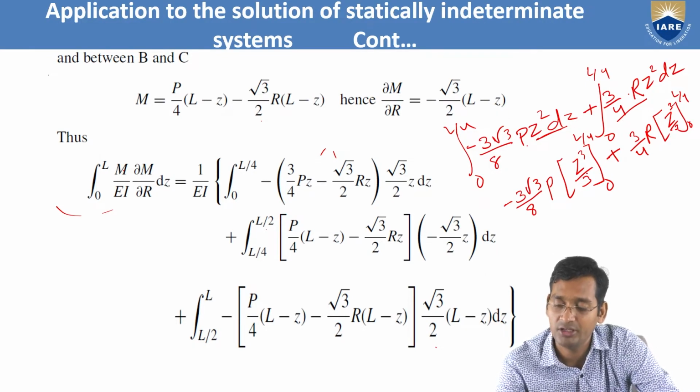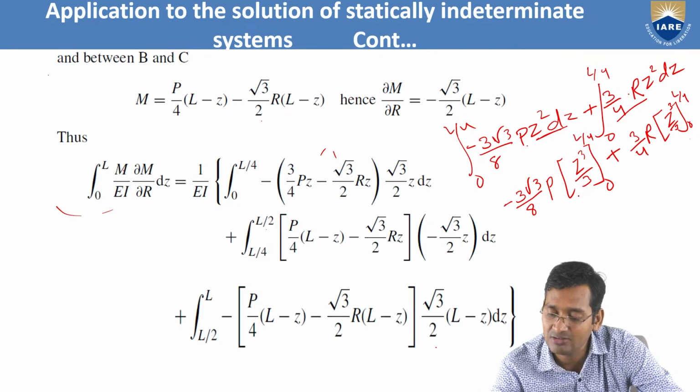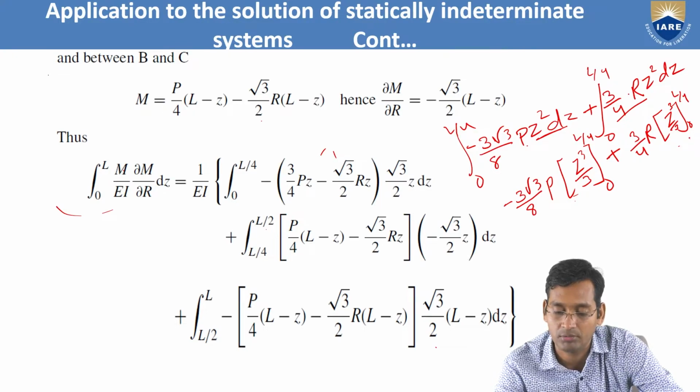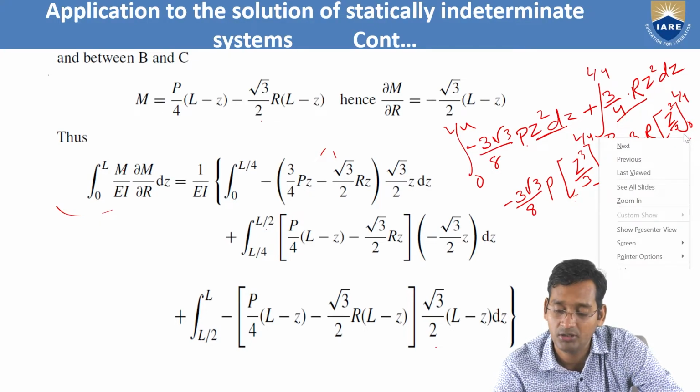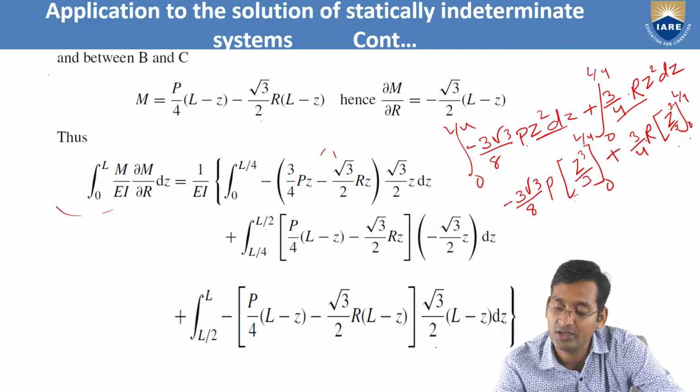Now here you can substitute the values. This value is common. For solving this, you can take z cube by 3 with the limit common first, because r square z is coming, and later put the limit value. Or you can simplify here also.